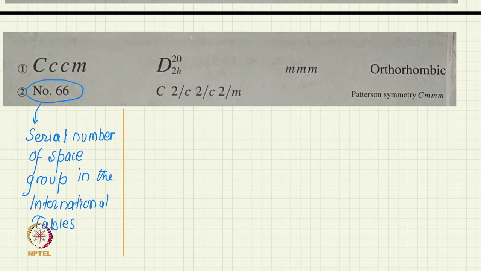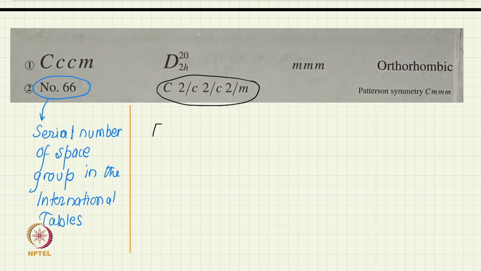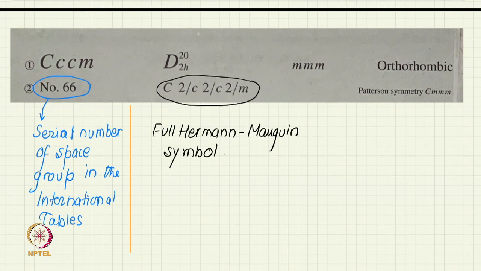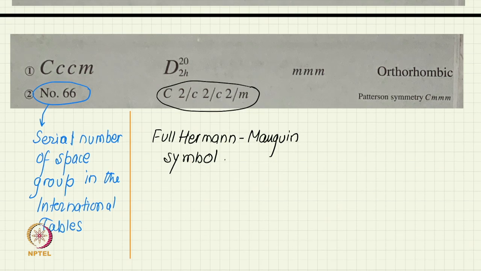And the next symbol is what is called the full Hermann-Mauguin notation. So, this is also the space group symbol, just like capital C, C, C, M we saw here. Only difference is that this is supposed to be the short HM notation, and this is supposed to be the full HM notation.